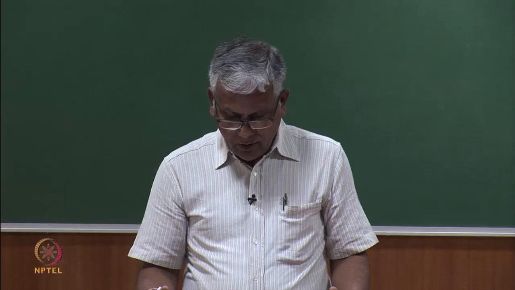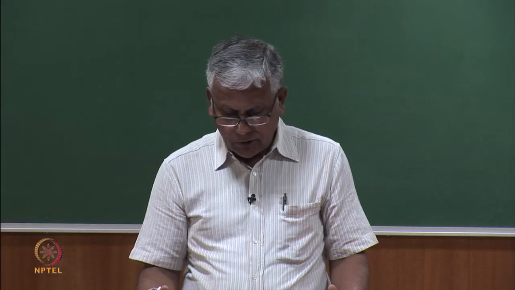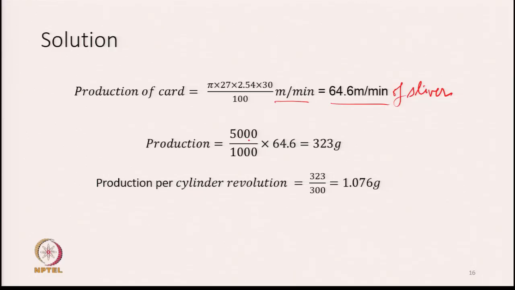So, per meter of sliver we will weigh 5000 by 1000, that is 5 gram, and that multiplied by 64.6 will give you the weight of the sliver produced per minute. So, 323 gram of sliver is produced per minute by the machine. So much material is produced per minute.